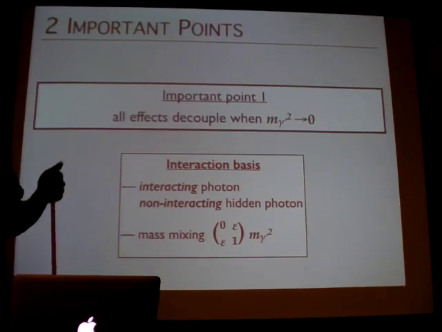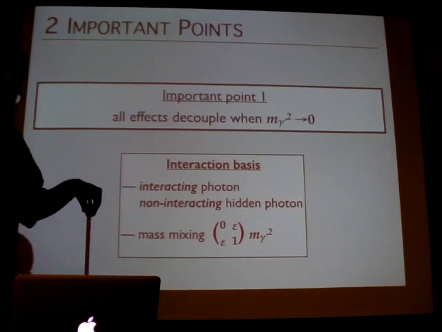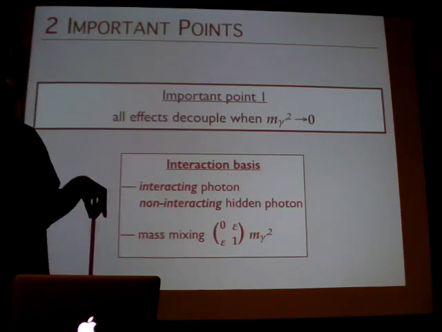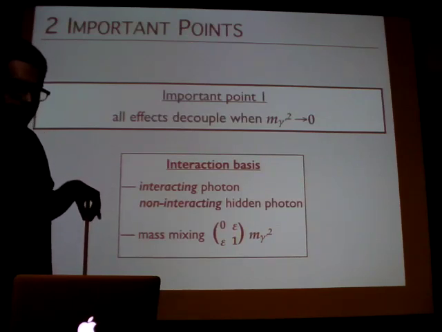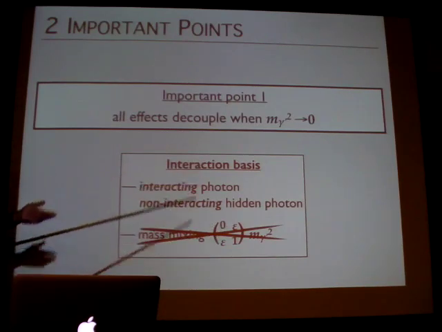Well, I don't know. What's happening is that you certainly diagonalize the kinetic term, right? Yeah, exactly. That's when you generate this epsilon. Exactly. All right. So that's the point here: when the mass goes away, all these effects have to disappear.